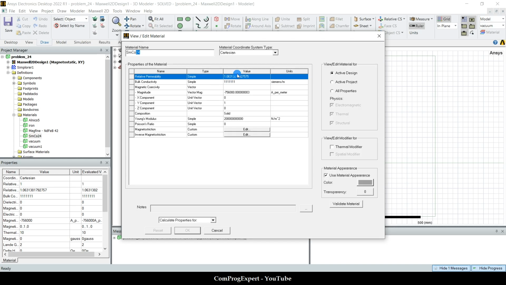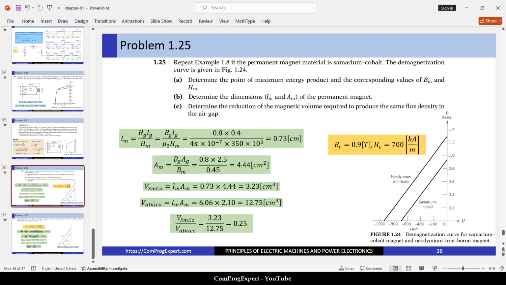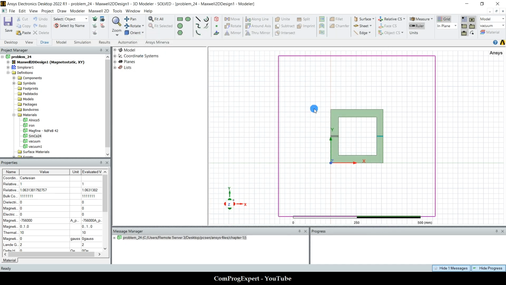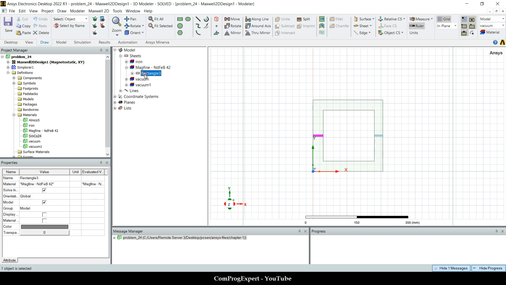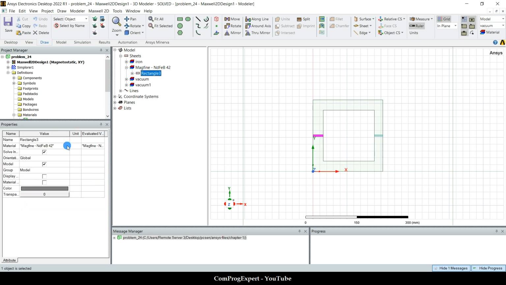Okay, so these numbers are close to what we have in the problem in this figure. So in this case, let's use the exact numbers provided here, we can set the magnet material and compare our solution. So from here, let's set the material of the magnet to samarium cobalt.